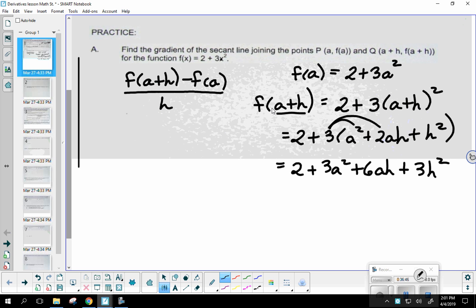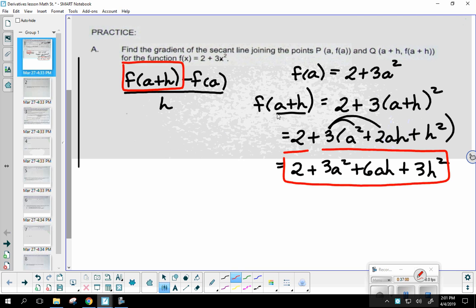Well, now take those expressions and plug them into your little formula. That's basically what the difference quotient is. So for this first part right here, where it says f of a plus h, plug in that expression that we just got. So I'm going to say 2 plus 3a squared plus 6ah plus 3h squared.